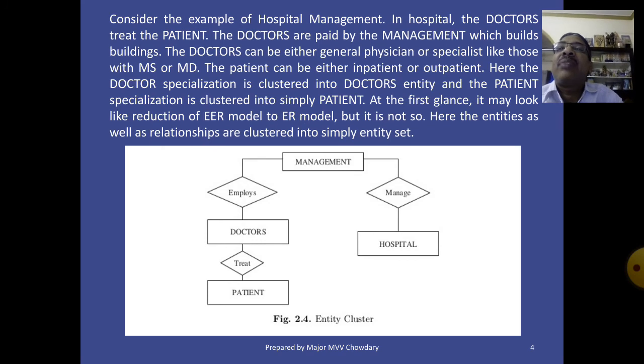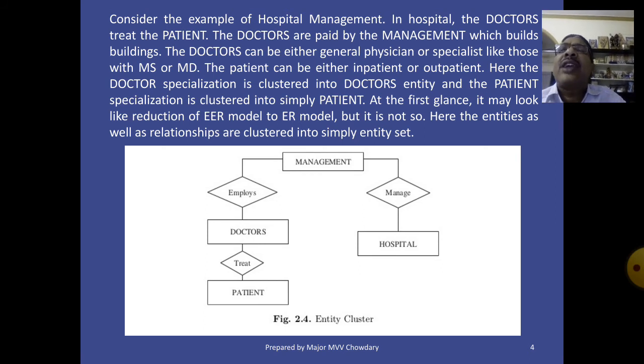Consider the example of hospital management. In a hospital, the doctors treat the patient. See the example on the screen. The doctors are paid by the management, which builds buildings.